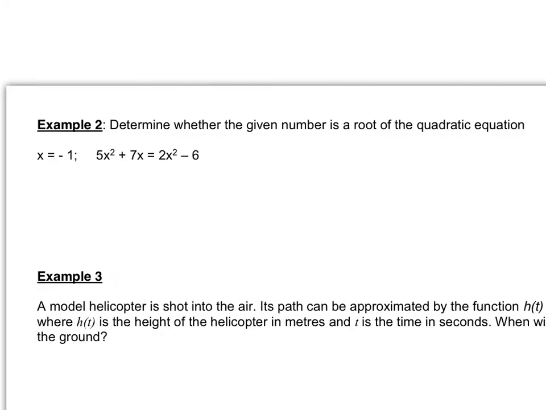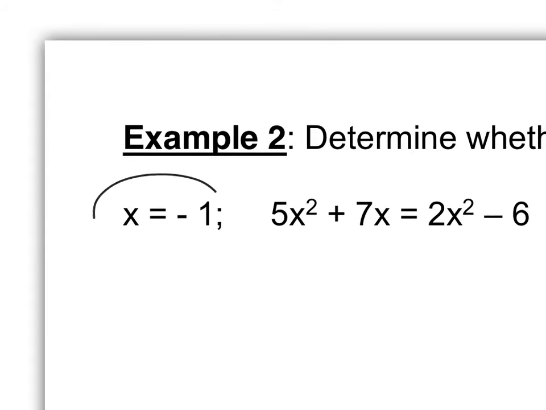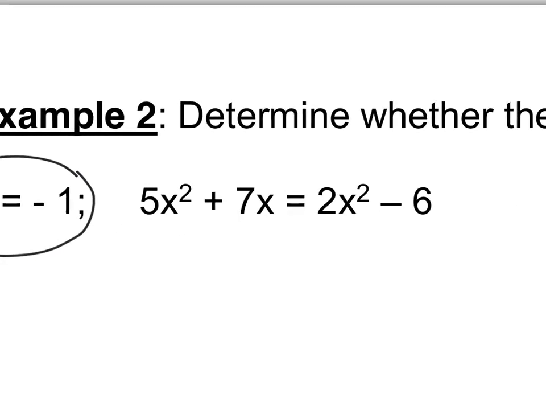Now, for this next example, it's asking me to determine whether the given number is a root of the equation. So if I look at the given x-intercept or x value being negative 1, and then I look at my equation over here, I've got 5x squared plus 7x equals 2x squared minus 6.